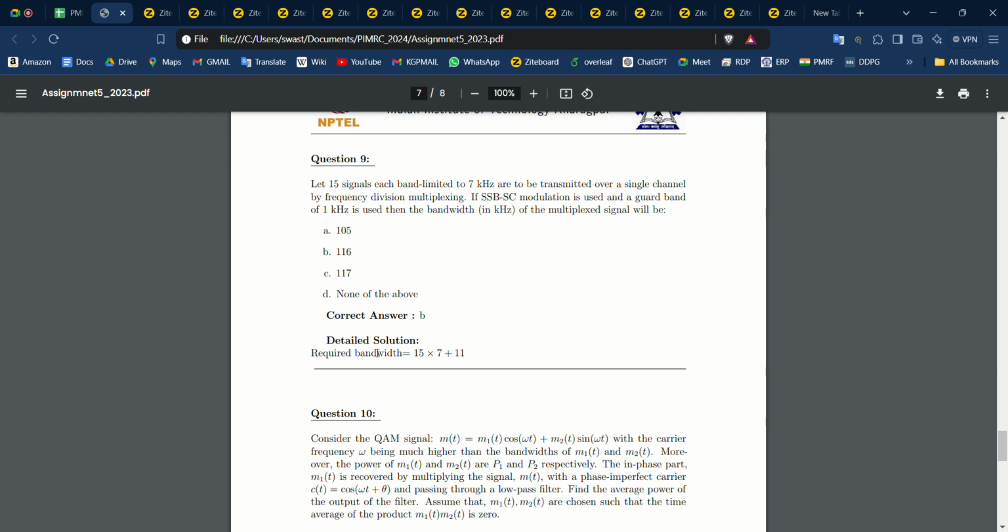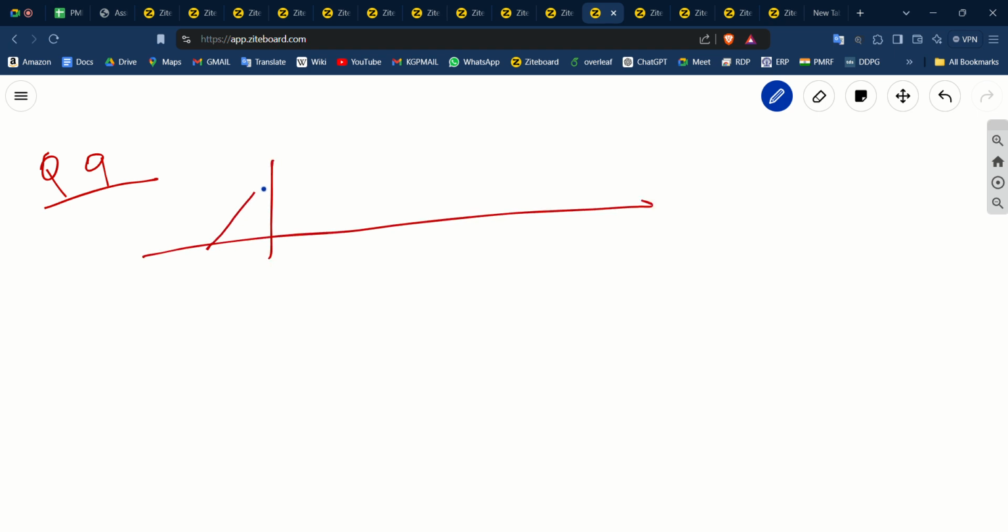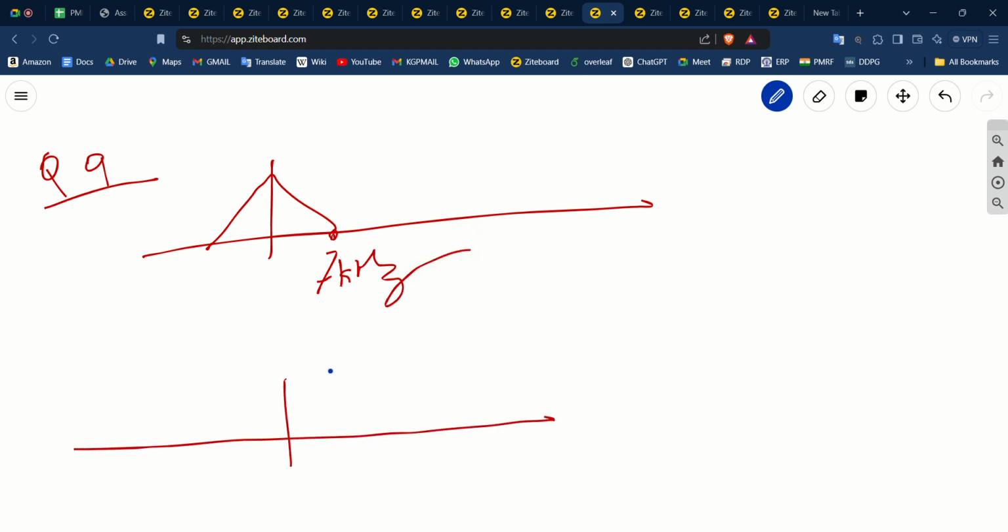So there are 15 signals, each band limited to 7 kilohertz, and we are using SSB-SC modulation. In DSB-SC, we have double of this 7 kilohertz band. Whereas in SSB-SC, if this is the original signal band limited to 7 kilohertz, in DSB-SC what we will have is this thing.